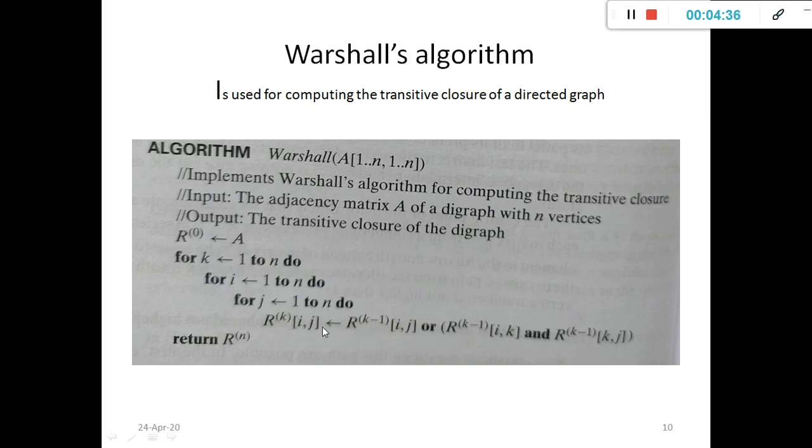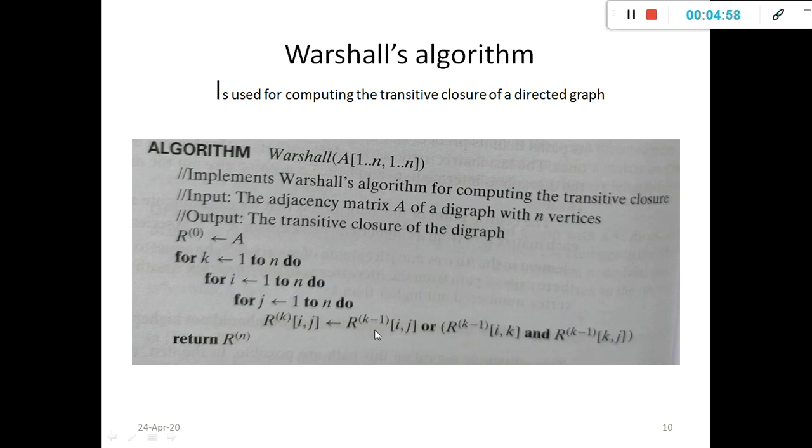Otherwise, if there is no direct path, then you have to check through which vertex a path is possible from i to j. In the previous matrix R of k minus 1, you have to check if there is any path through the vertex k, that is from i to k and from k to j.